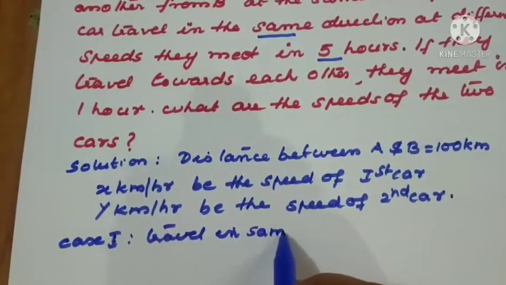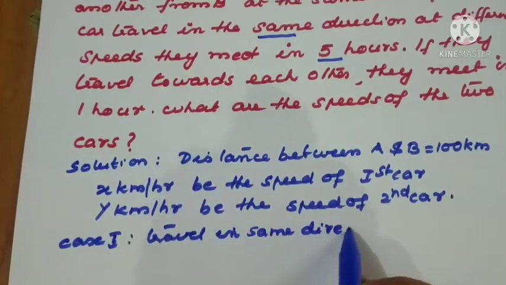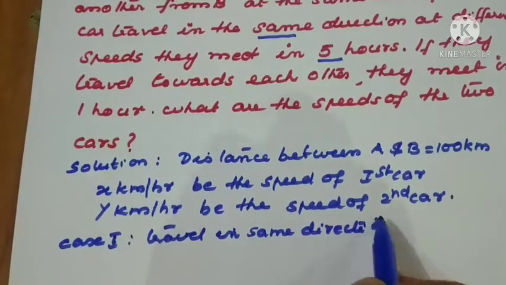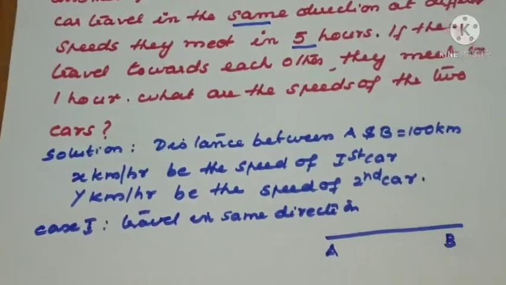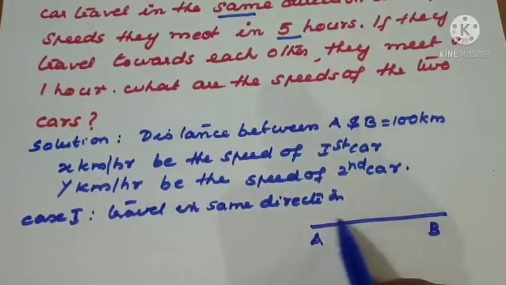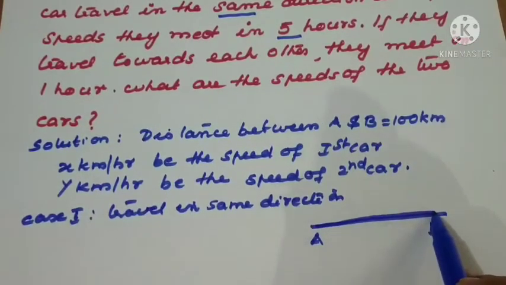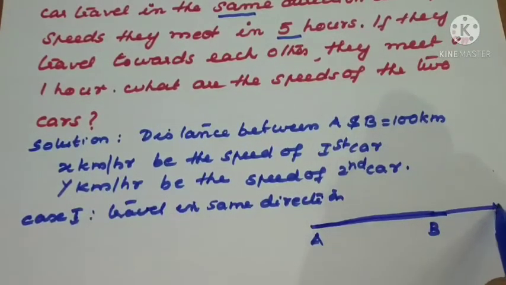So we'll take AB. What is the condition there? A and B, they are starting and they move in the same direction and meet at some point P, right?